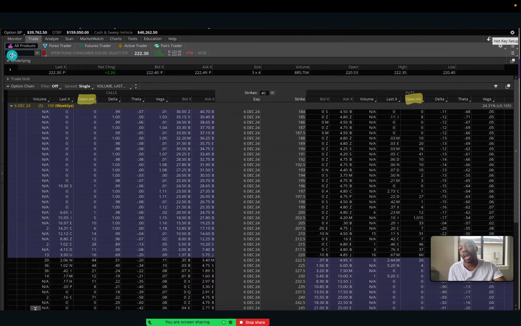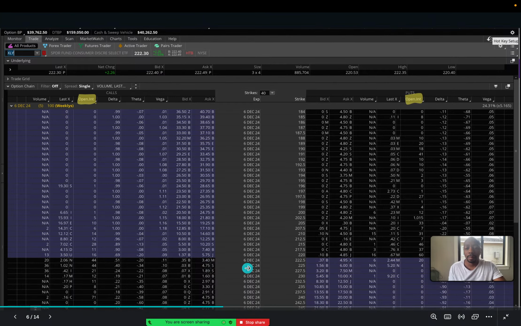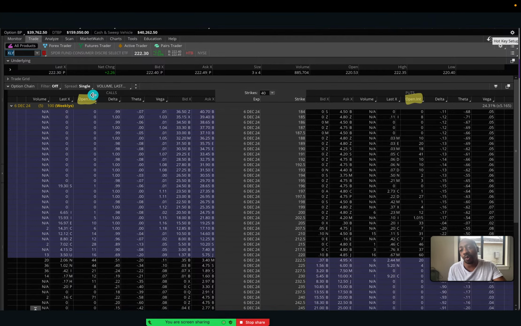So I'm just looking at XLY, this particular ETF, which is a consumer discretionary ETF. Primary holdings inside of XLY are going to be Tesla and Amazon, as well as Home Depot, right? Consumer discretionary stocks. Looking at the open interest is how you are going to determine whether or not there is any liquidity at a strike price.